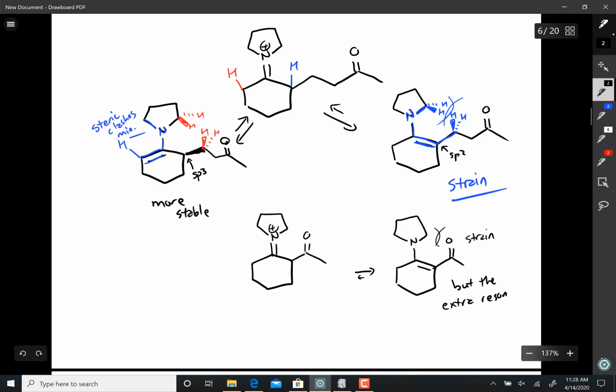But the extra resonance stabilization makes up for it.